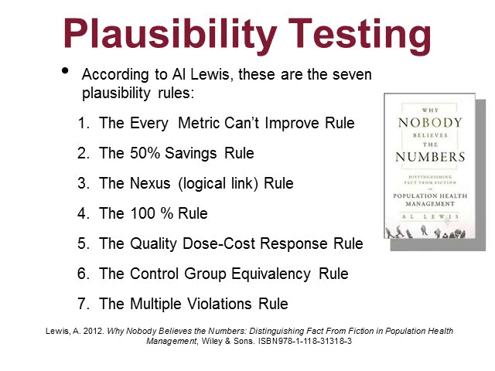But the control group equivalency rule says that you just can't take 2 groups that are not homogeneous and compare their outcomes. And 7 is the multiple violations rule.